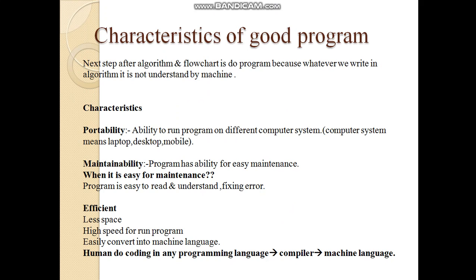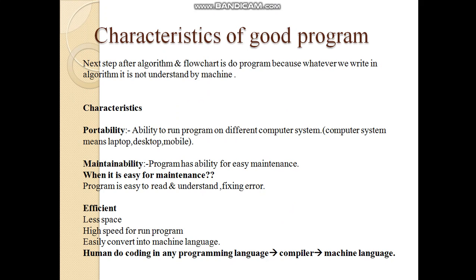Then maintainability. Your program should be easy to maintain, which means it is easy to read, easy to understand, and easy to fix errors. Then efficiency. A program is efficient if it acquires less space and its running speed is high, and it should be easily converted into machine language.